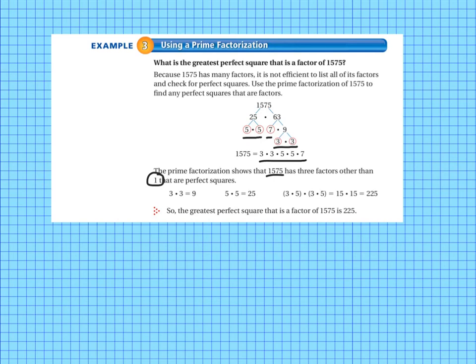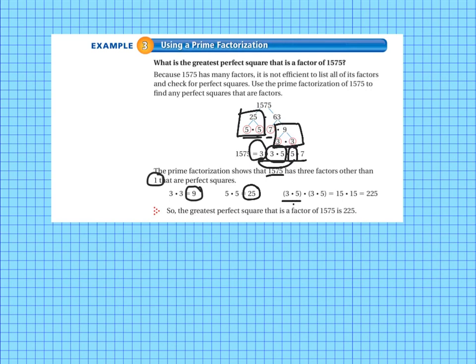So 3 times 3 equals 9. That's a perfect square. 5 times 5 equals 25. So see how these are up here and they're showing us. And if we look at what else we've got, we have a 3 times 5 in here and another 3 times 5 in our prime factorization.